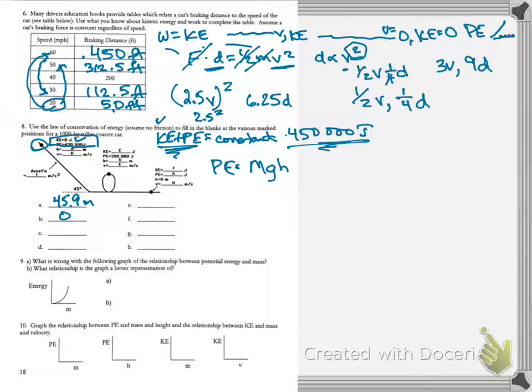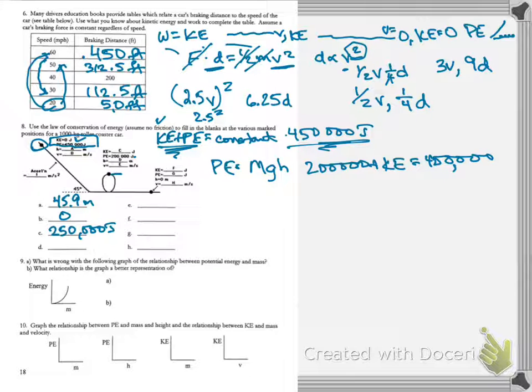Next question is C. What's the kinetic energy at C? At C here, what does it tell you? The PE is 200,000, so 200,000 plus the KE has to equal 450,000. So that's pretty easy. It's just 250,000 joules.